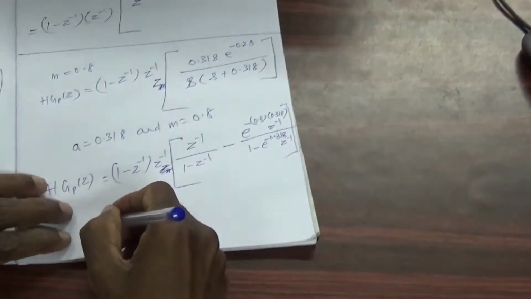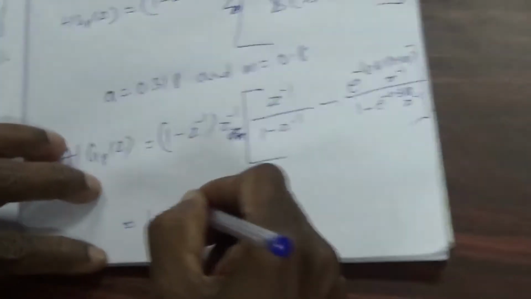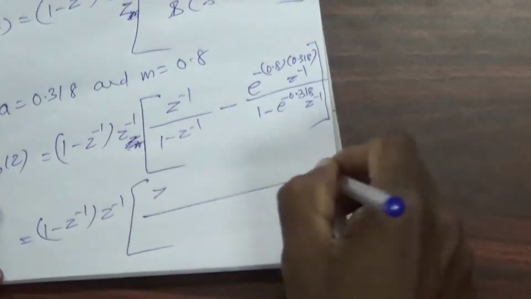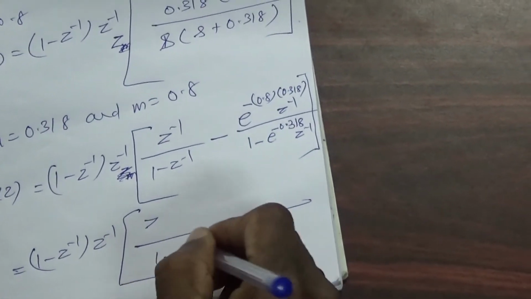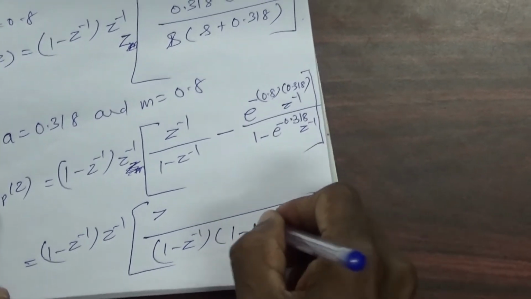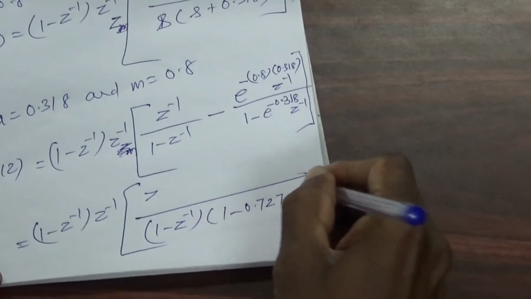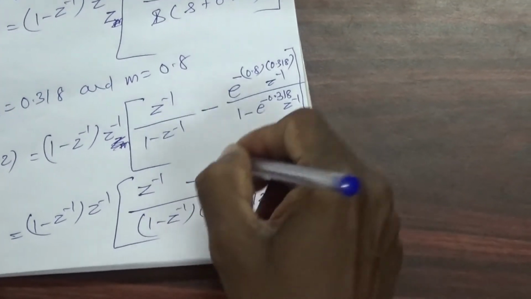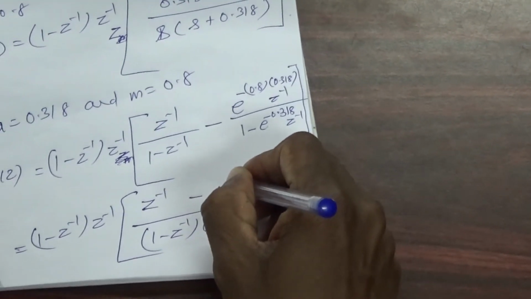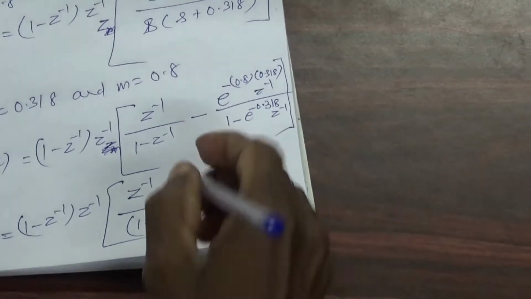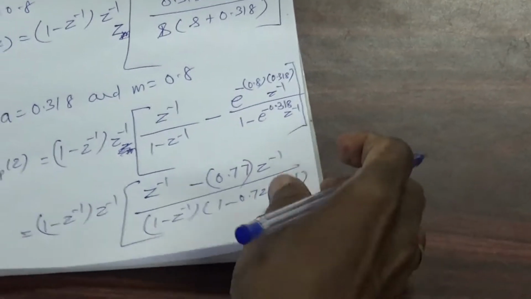So this can be written as 1 minus z power minus 1, z power minus 1. We take the LCM, 1 minus z power minus 1 into 1 minus 0.727 z power minus 1, which is z power minus 1 minus 0.77 z power minus 1.